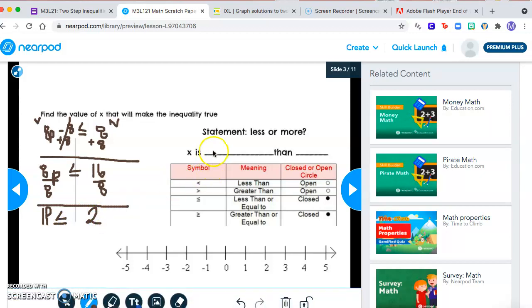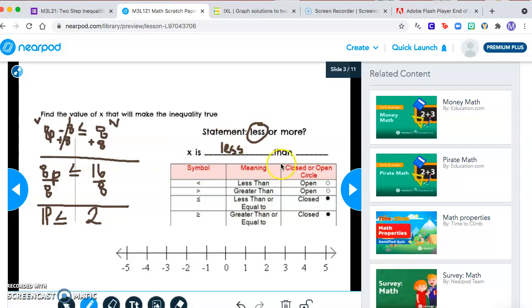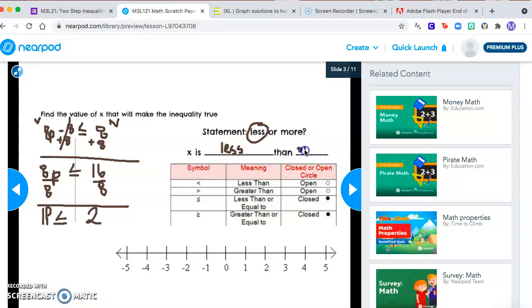So here you could write this if you need to, just so you know x is less than. And if you want, this one is less than or equal to, you could type or equal to 2.